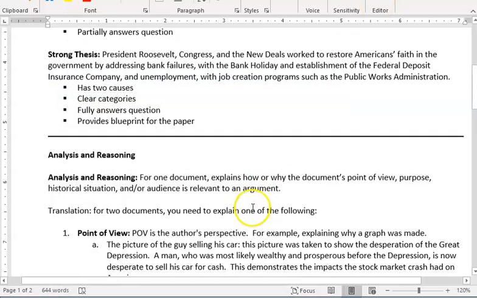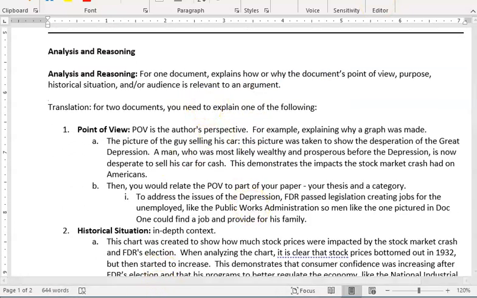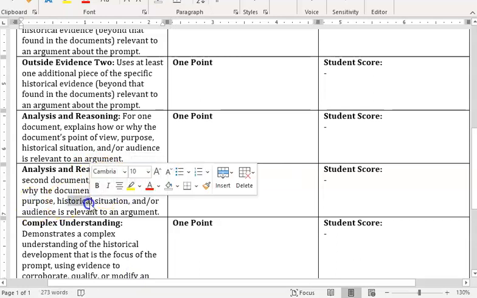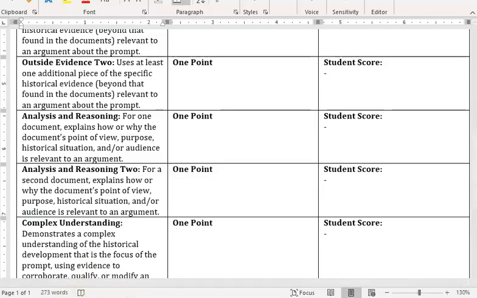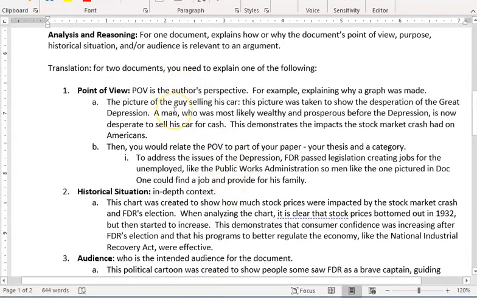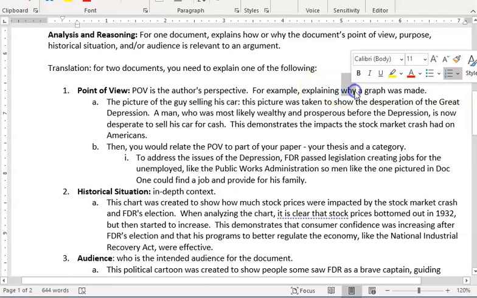All right, so what does this look like? Okay, well, in the rubric, it gives you a couple things you can do. You can talk about point of view, purpose, historical situation, or audience. All right, what does that look like? All right, POV, point of view, that's the author's perspective. For example, if we're talking about one of the graphs, or explaining why a graph was made, that's an example.